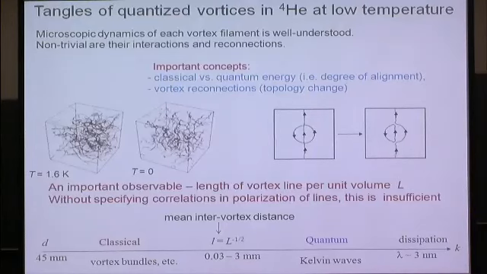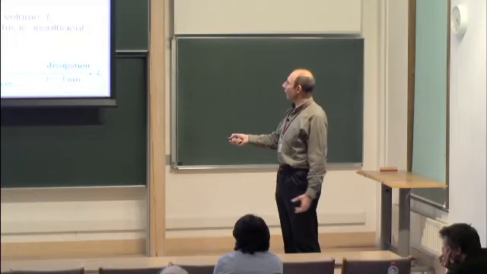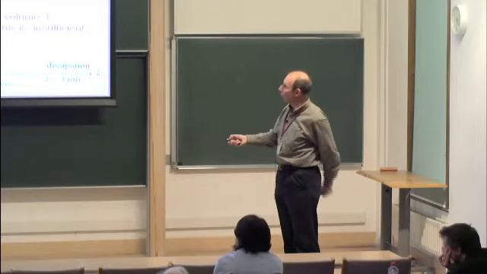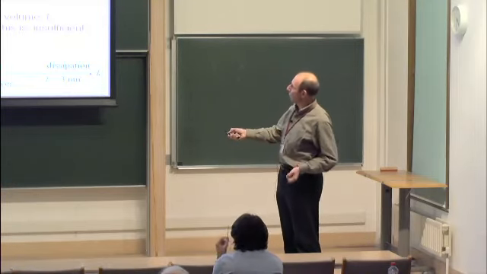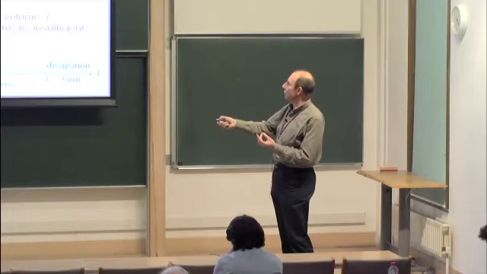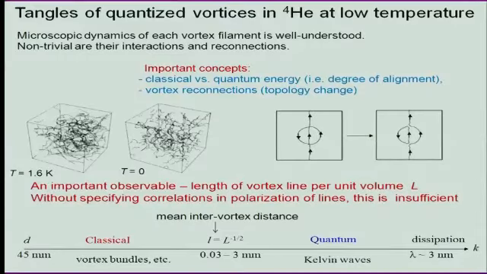Just to tell you what types of situations we often have. Our cell is 5 centimeters on a side, and if we manage to stir a flow on some length scale, the typical density of vortices will be such that the distances between vortices will be of order a fraction of a millimeter, sometimes even a millimeter.